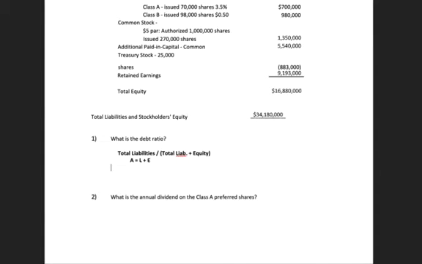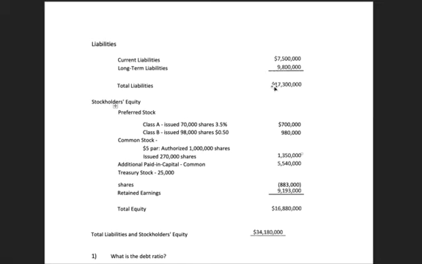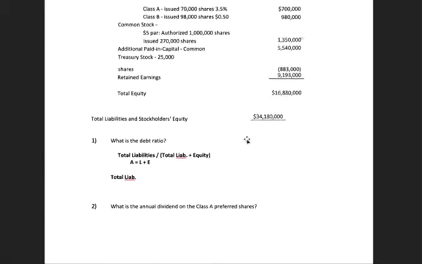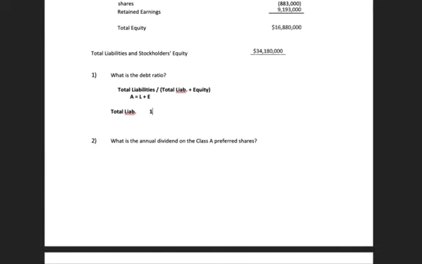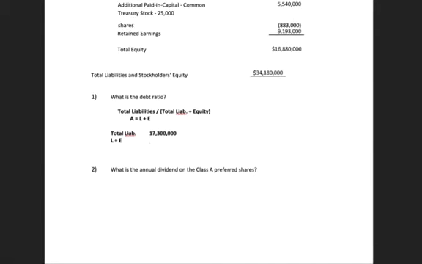And then if we just do this math real quick, if we go up and look at our total liabilities, we'll see that they equal $17,300,000. Cool. And then we have total liabilities plus equity. So I'll just do that, liabilities plus equity.